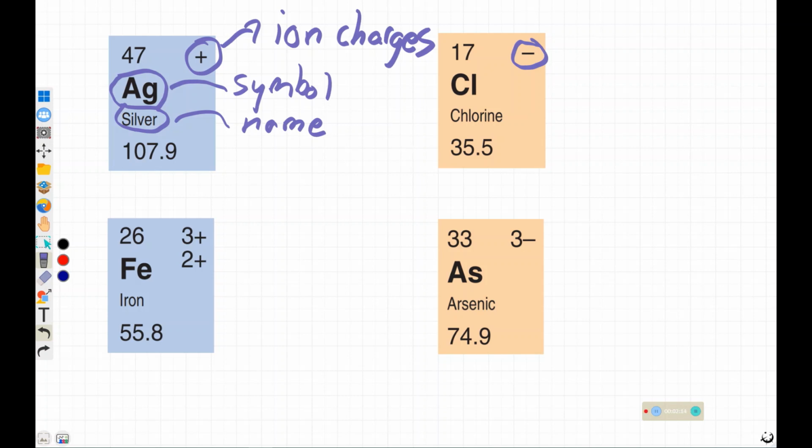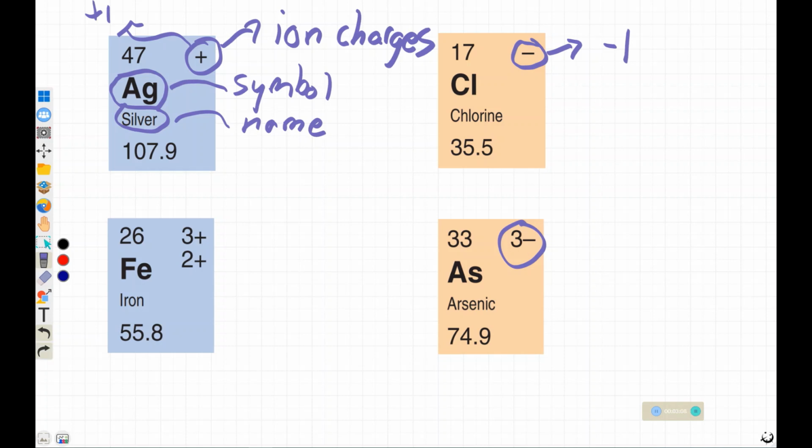Usually these charges are accompanied by a number. If it just shows a positive or a negative, then that just means that there's only a single positive or negative charge. So with chlorine right here, this just means -1. And then with silver, that positive right there is considered to be +1 charge. Then on the bottom right, with arsenic, that's 3 negative charges that arsenic has.